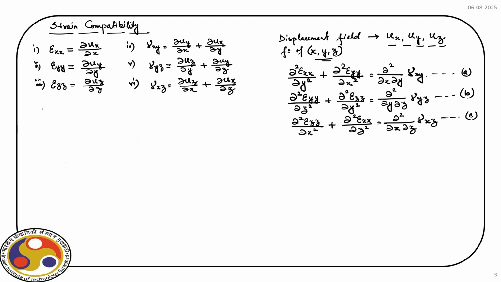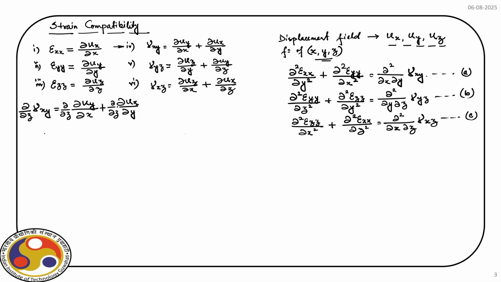So, what we have here is, say, the fourth equation, that is the first shear strain, gamma xy. So, we have this expression, right. And then what we do, we differentiate this gamma xy with respect to z. Obviously, it will also appear here, right.